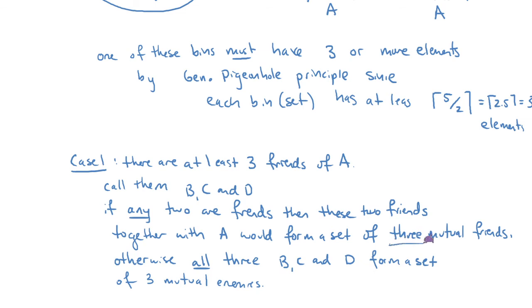Because we are looking for a guarantee that you have a set of three mutual friends or three mutual enemies, and that would happen in this situation.